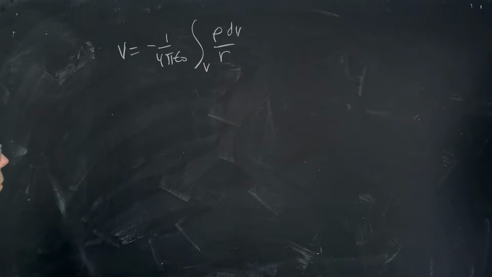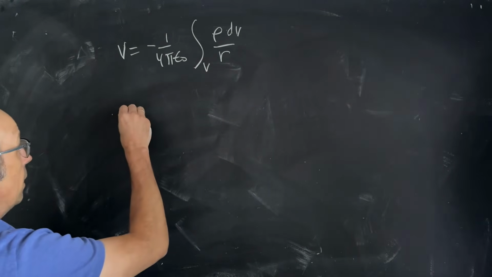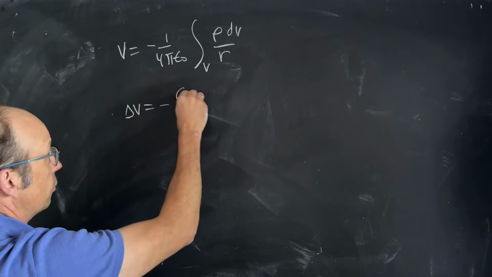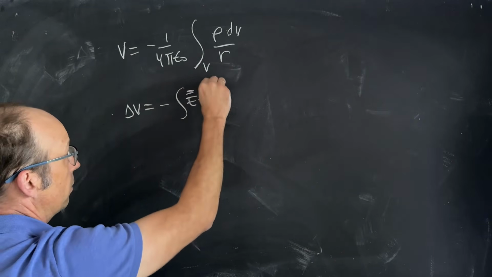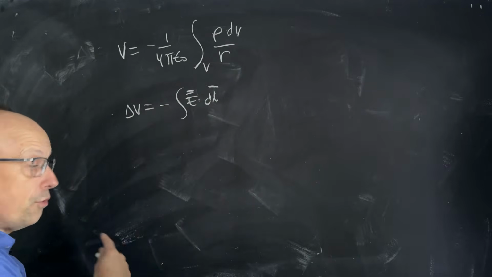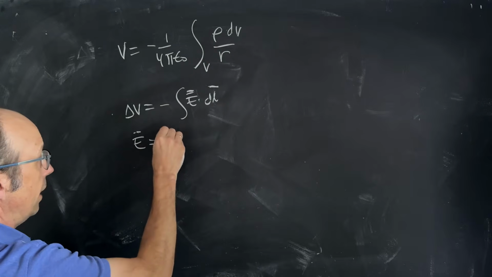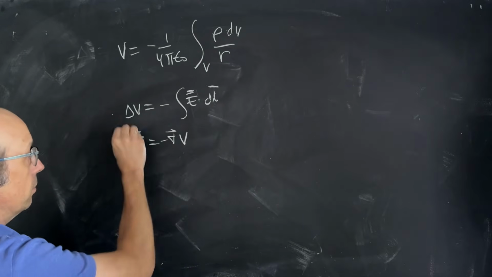So what if I want to go backwards? I know that delta V is negative the integral of E dot dl. Well, what if I undo that? Then I can see that E is negative the gradient of the potential.